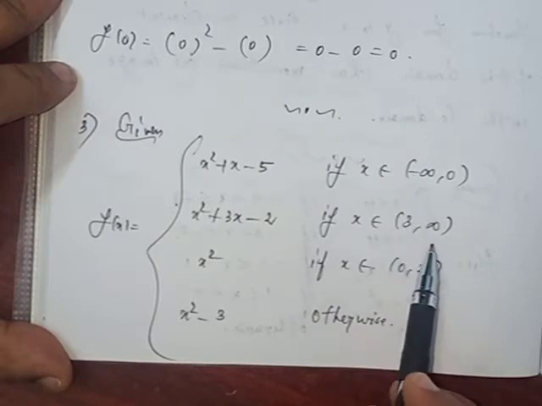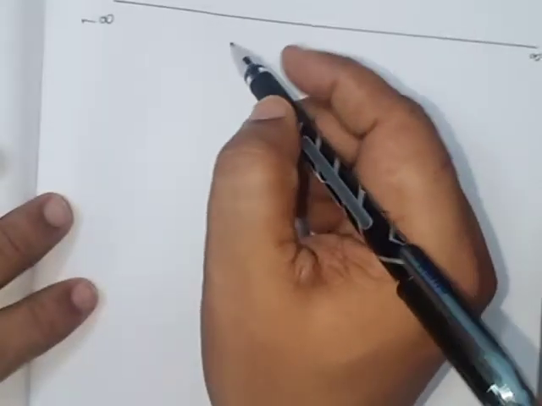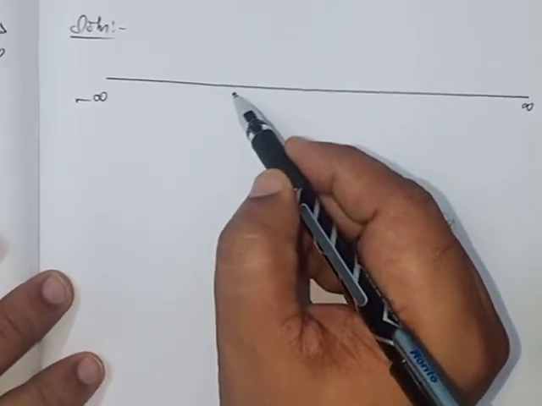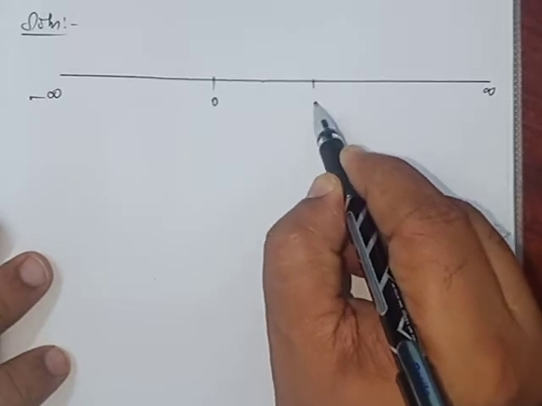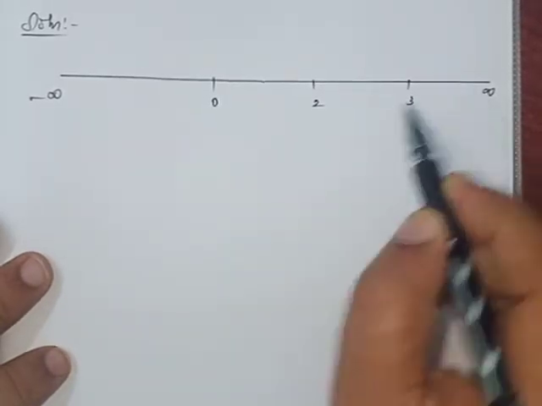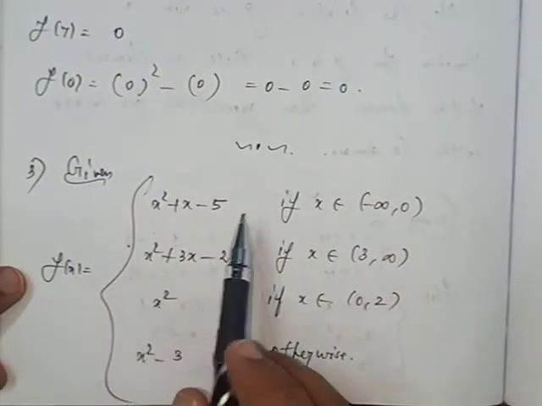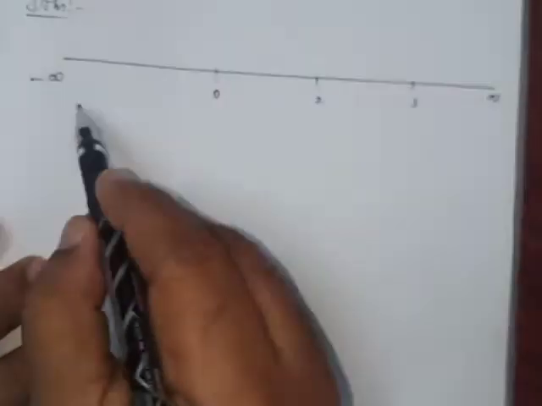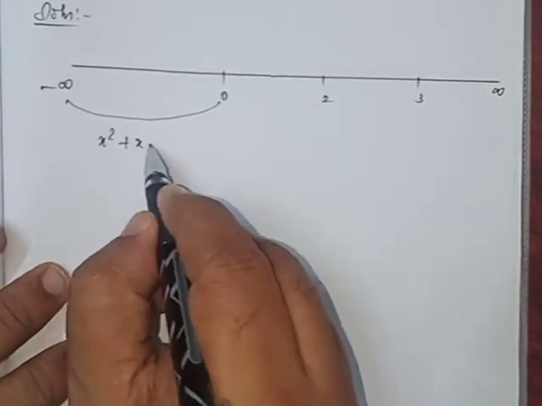Apart from minus infinity and infinity, 0, 3 and 2. So we have to write them in order: 0, after that 2, then 3. First interval, minus infinity to 0, we have x square plus x minus 5.